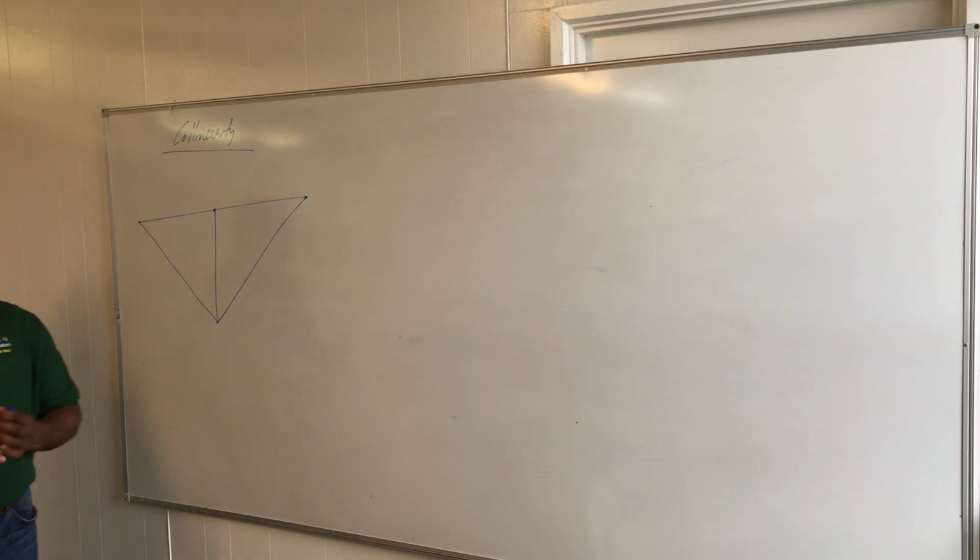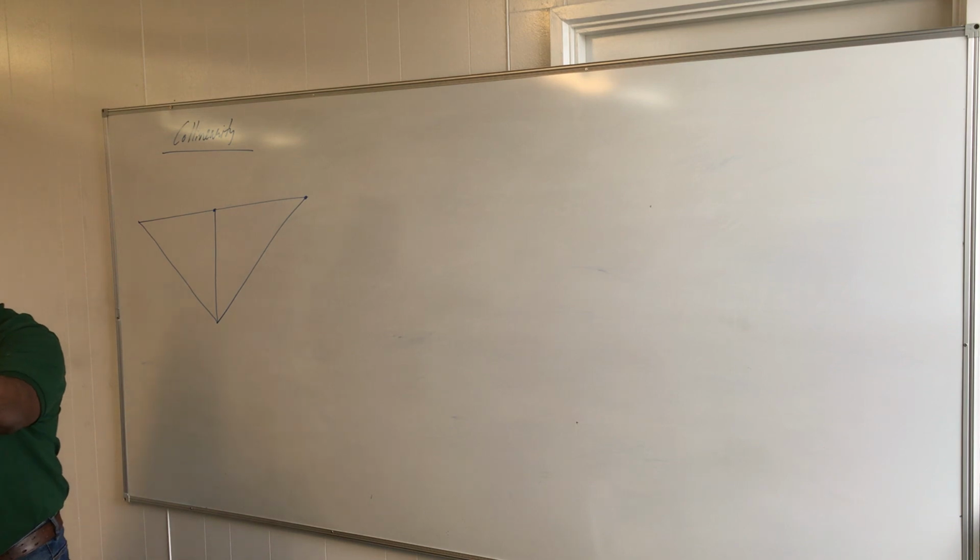For example, this is a 3D vector because this is 3D space. If your origin is 0 here, how do you define this point? Xi, Yj, Zk, right? How do you convert this into a 2D vector?